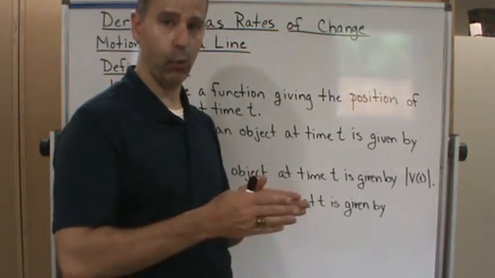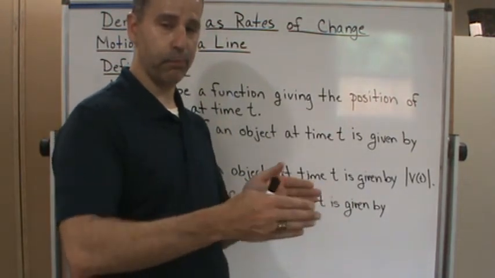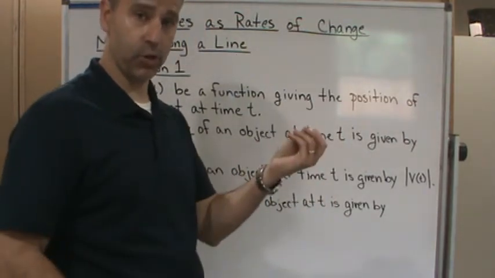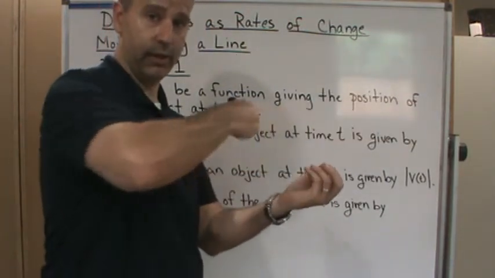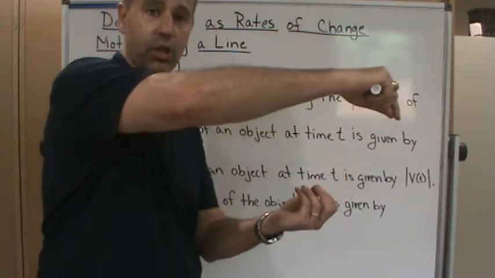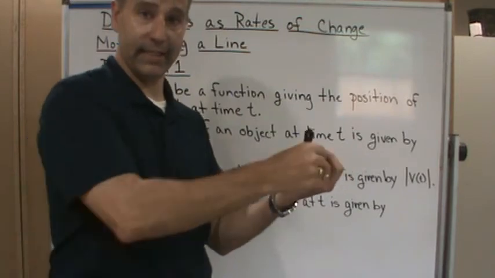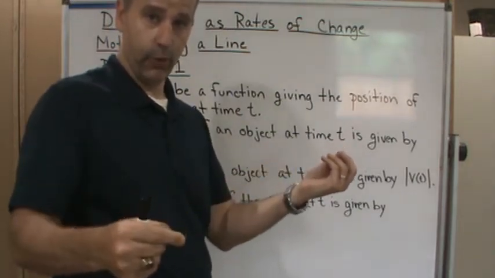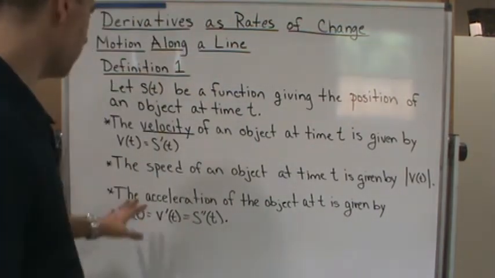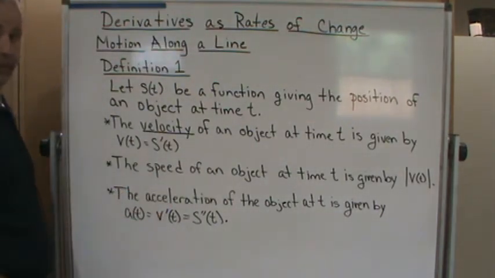We don't care about the location. All we care about is the distance from the original location. That's what we call displacement. Similarly, with velocity and speed, the same thing.